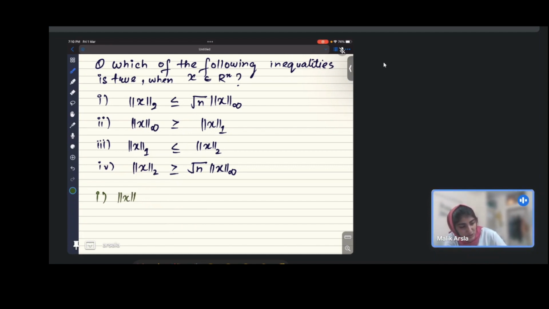what is the definition of Euclidean norm? It is nothing but the under root of the summation, i running from 1 to n, of xi square. And we can say that this is less than or equal to the summation of i from 1 to n of xi, and then take its whole square.